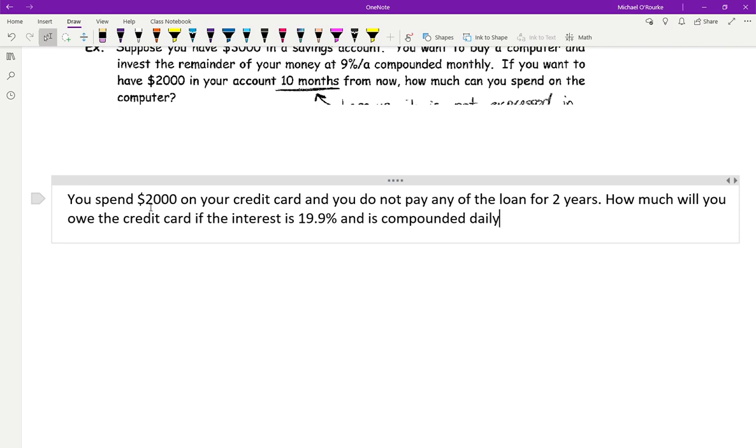How much will you owe the credit card if the interest is 19.9% compounded daily?